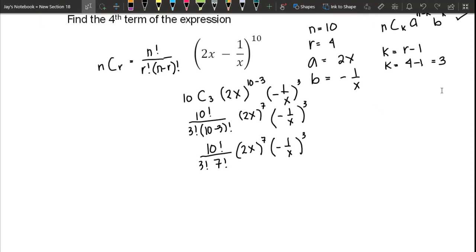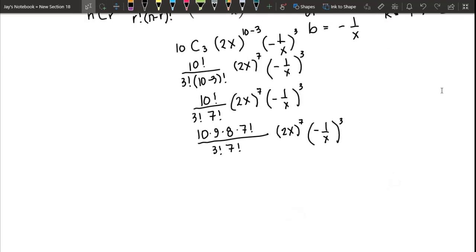Now, how are we going to simplify 10 factorial divided by 3 factorial times 7 factorial? We know that 10 factorial can be expressed as 10 times 9 times 8 times 7 factorial, over 3 factorial, 7 factorial, times 2x raised to 7 times negative 1 over x raised to 3.